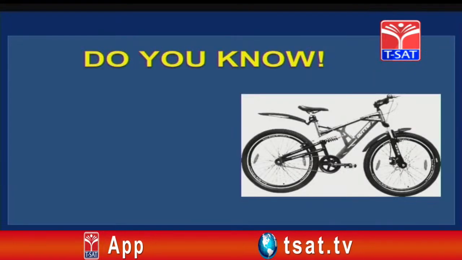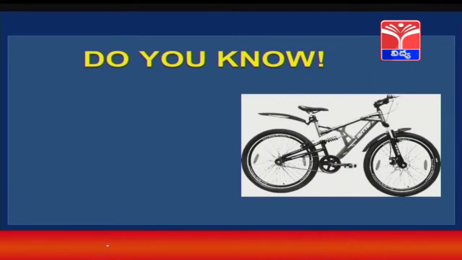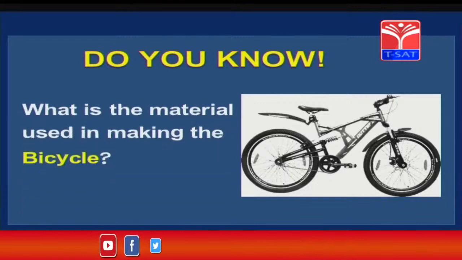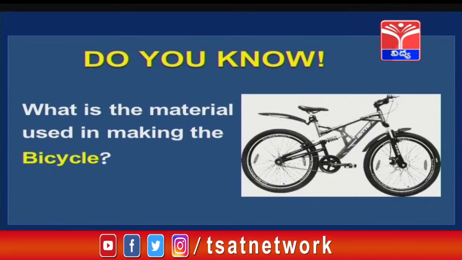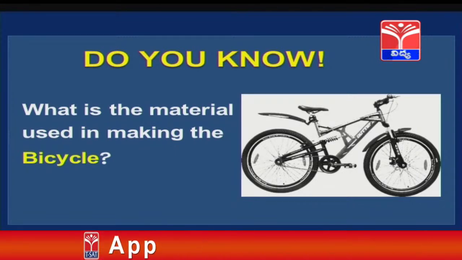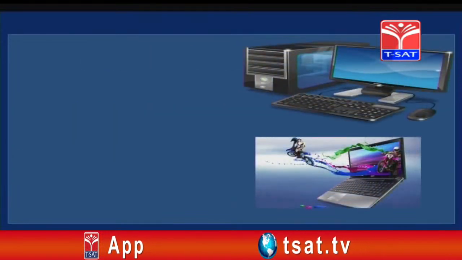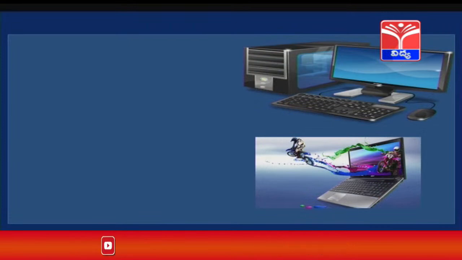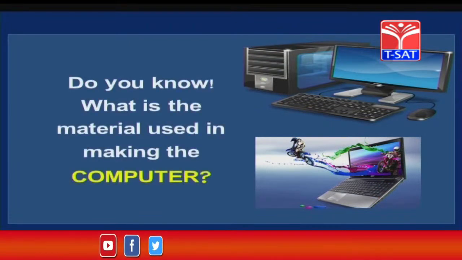Do you know what is it? Yes, it is a bicycle. What is the material used in making the bicycle? Yes, iron, plastic and rubber for tires and tubes. What is this? Yes, it is a desktop computer and laptop.